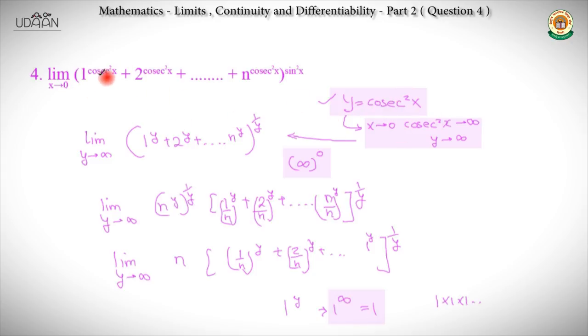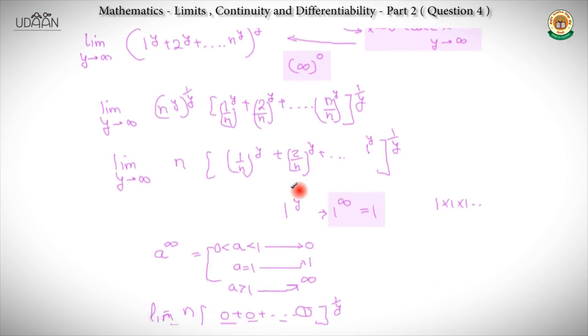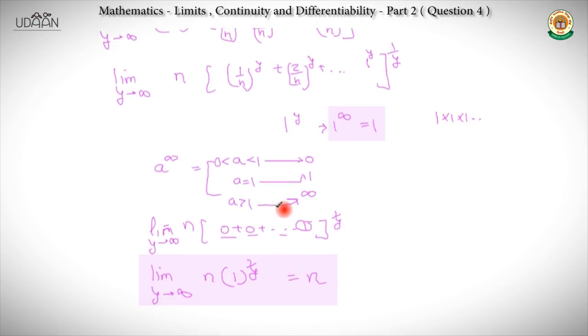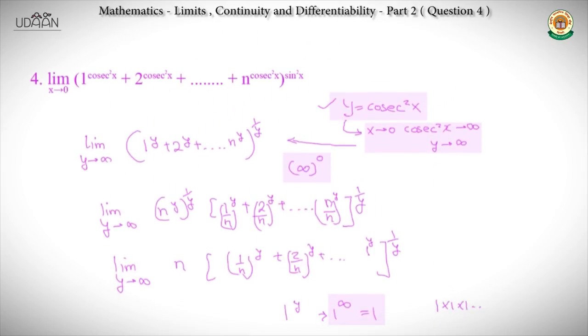X tends to 0 means that cosecant square x tends to infinity, which also means that y tends to infinity. So deducing those, and also using a couple of facts, for example, like a power infinity having different values for different values of a, we immediately found out the answer as n. So that's pretty simple, isn't it? Exactly. Right, so this is answer n for the question number 4.